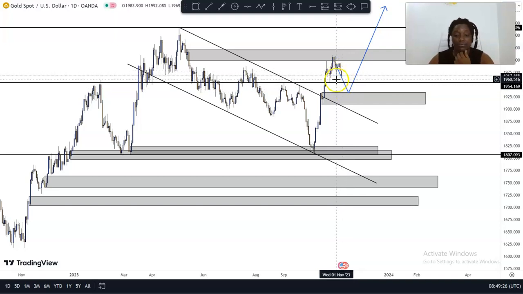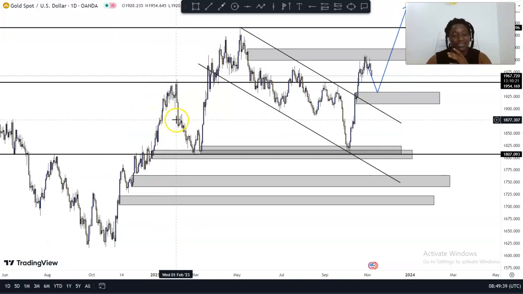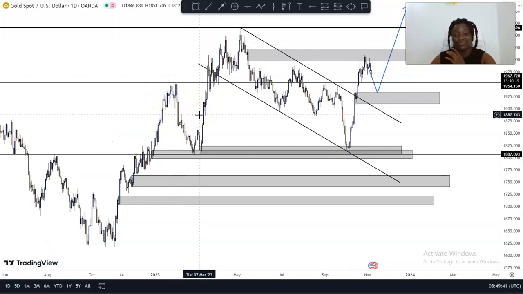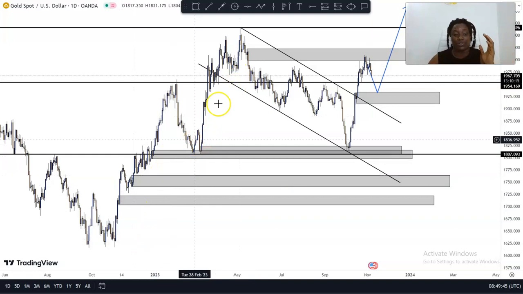So my prediction for this market is, given that I've spotted out all of my major demand zones and I see how price is moving, respecting my demand, I see how price is moving, respecting the chart pattern, because ideally this market should give me a very long bullish move, especially because of this flag. The flagpole is really long, right?